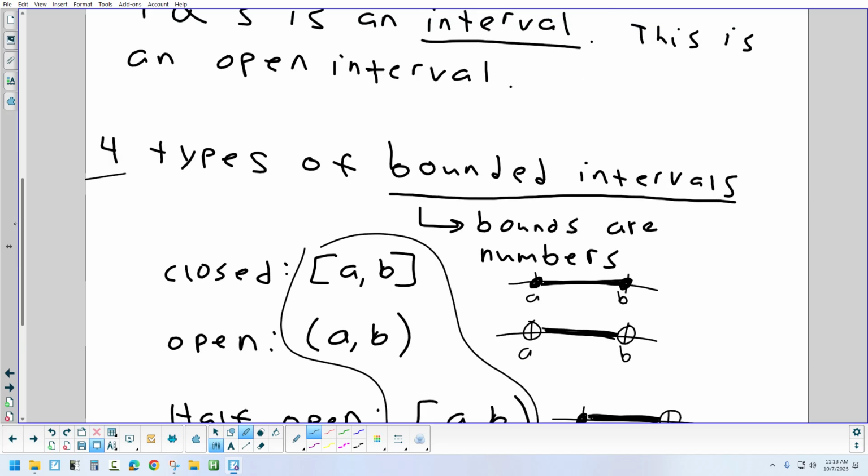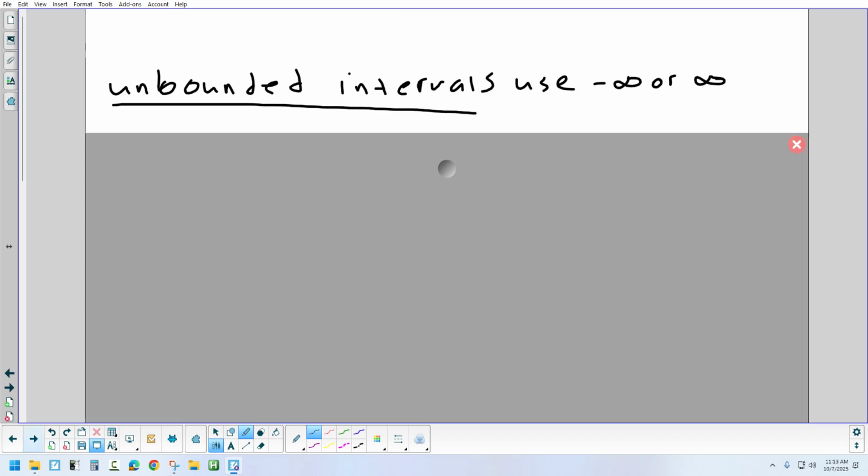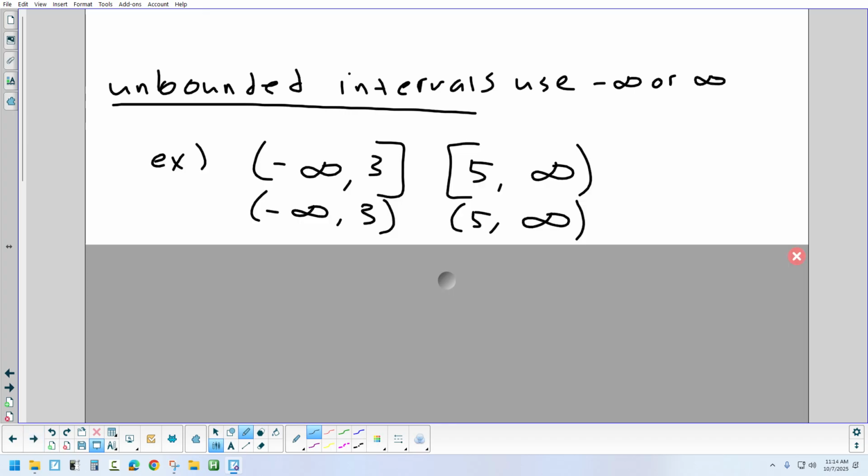Okay, so those are bounded. And the opposite of a bounded interval would be? Unbounded, yeah. So we know an interval is unbounded when it goes on forever. So an example of an unbounded interval would be any of those.